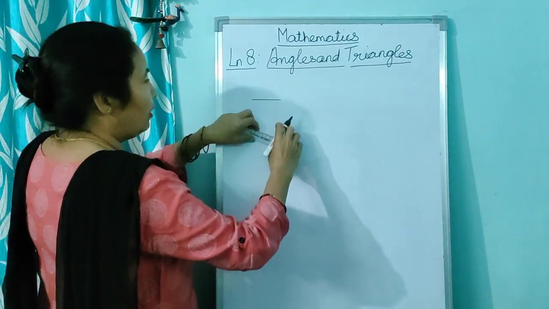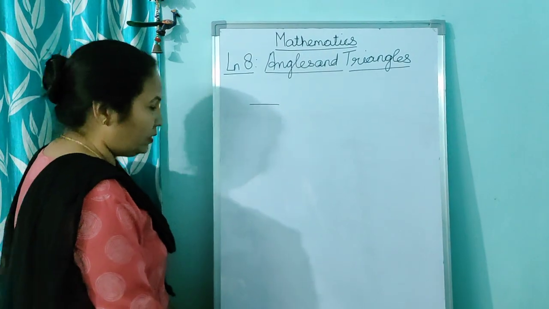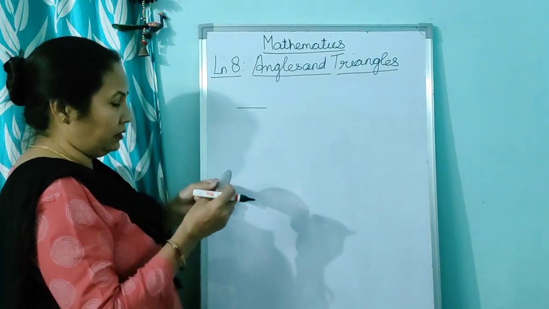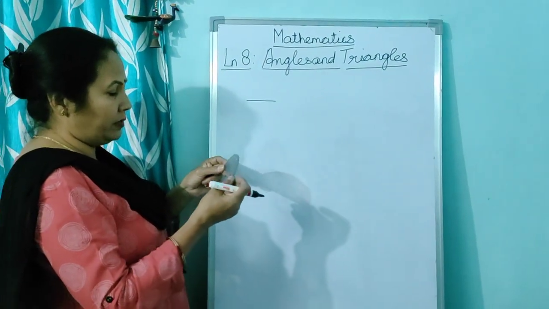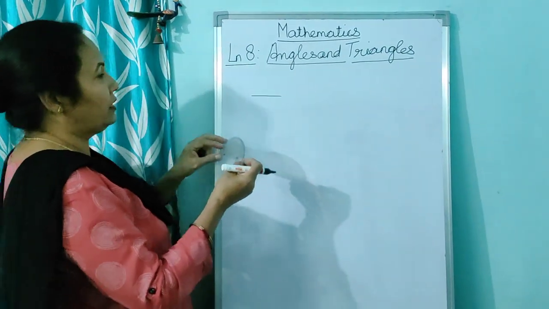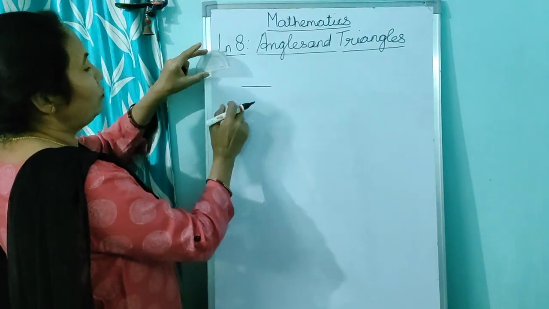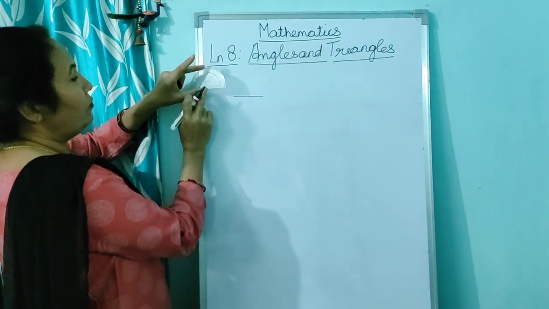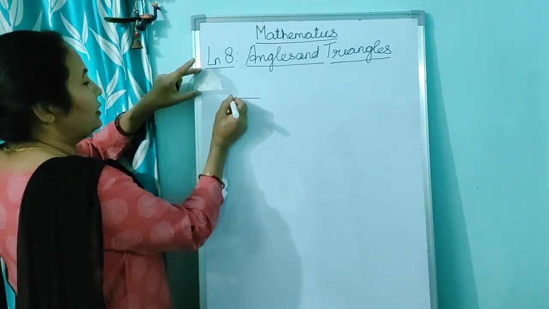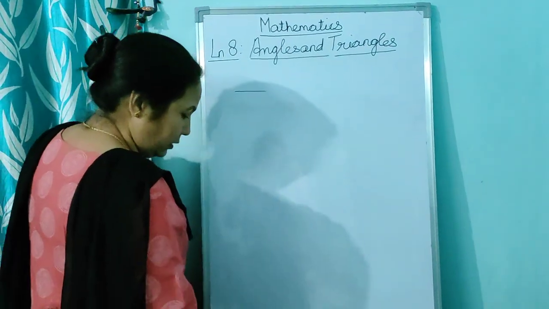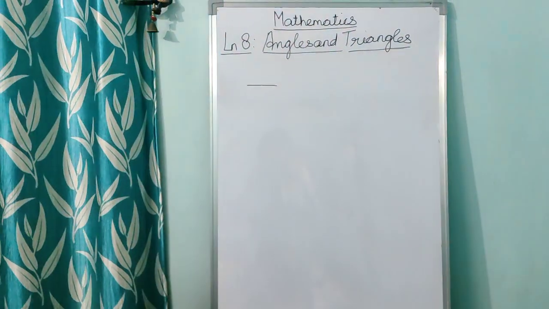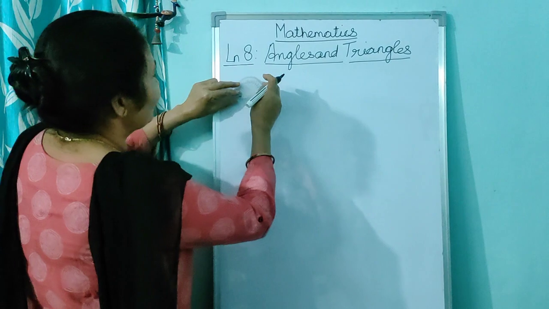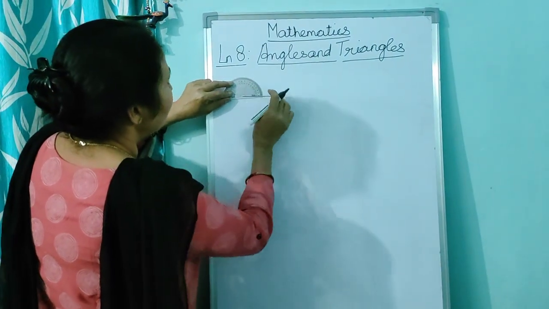Now after this, children, when you have to draw an angle, you can take any measurement. Like here I am taking 60 degree. You will place the center of the protractor here and you will draw the angle. See, like this.